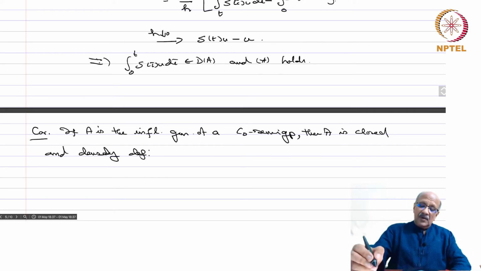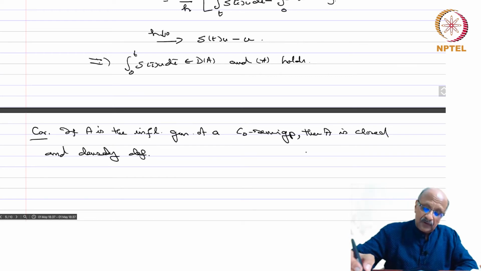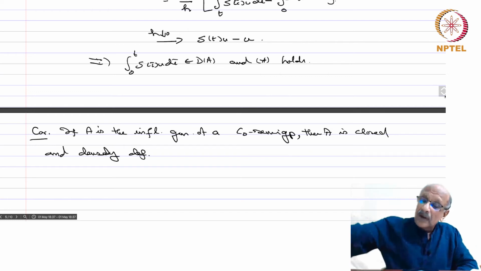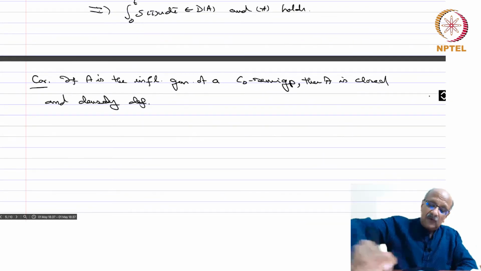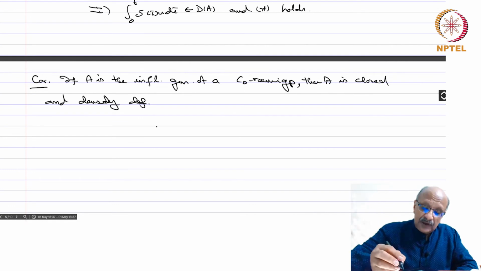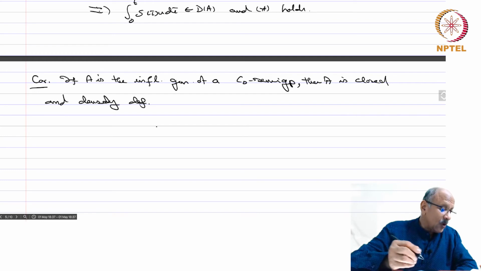So, now already the importance of closed and densely defined operators comes up, because this is a necessary condition. It is not yet a sufficient condition for the infinitesimal generator to give a C0 semigroup, but at least, where do we look for the infinitesimal generators? We have to look only amongst closed and densely defined operators.